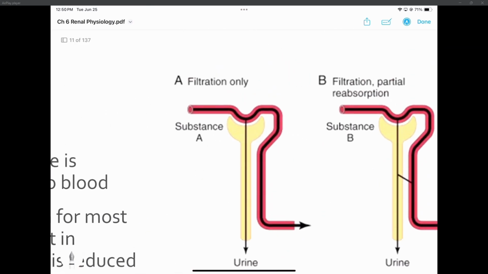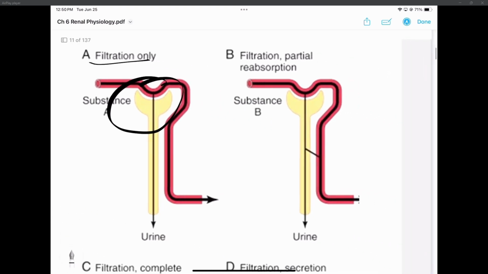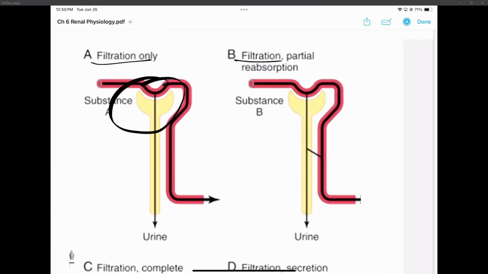Filtration only: whenever you see the word filtration, that means the filtrate all happens at the Bowman's capsule. That is filtration. It only happens at the Bowman's capsule. In B, we have filtration and partial reabsorption.